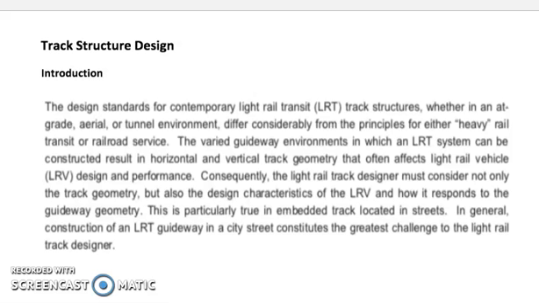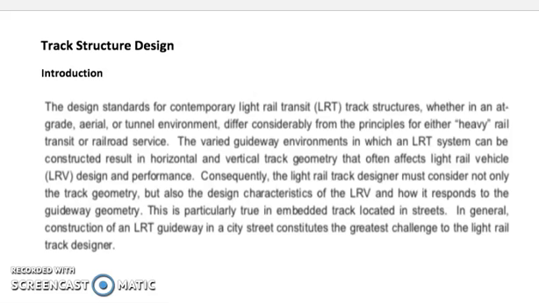So basically, for our design standard for contemporary light rail transit, or LRT track structures, whether in an at-grade, aerial, or tunnel environment, it differs considerably from the principles of either heavy rail transit or railroad service.